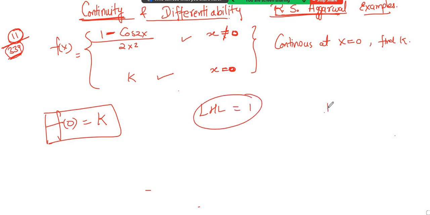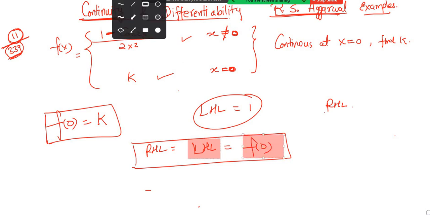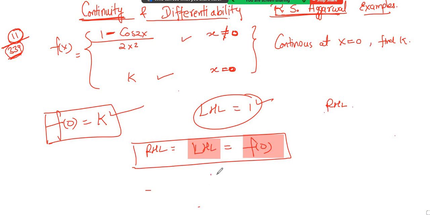If it is continuous, RHL should be equal to LHL, should be equal to f(0). If we already have LHL and f(0), we can use these. So I can write k is equal to nothing but 1. This is my answer. Let's see the next question.